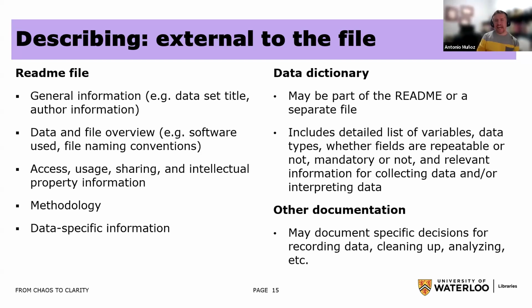Basically, that's where you indicate in detail what the different variables are, what data types you're expecting to see in each of the fields, whether a field is repeatable or not, and things like that. And then you may have other documentation that documents specific decisions for recording your data.